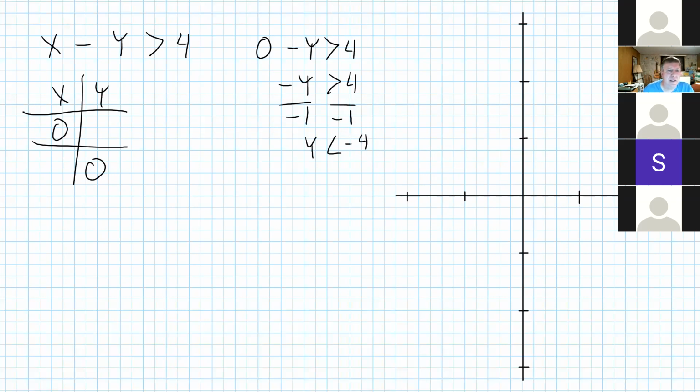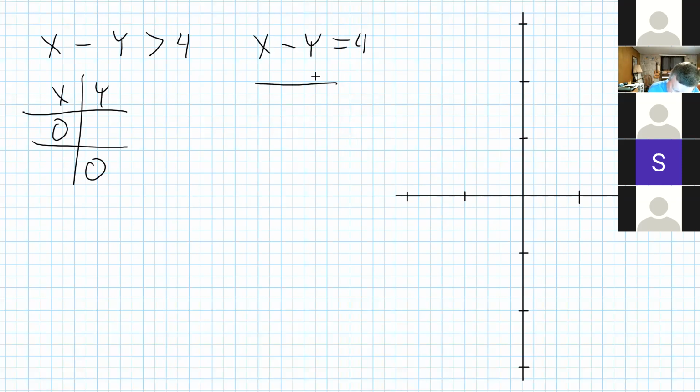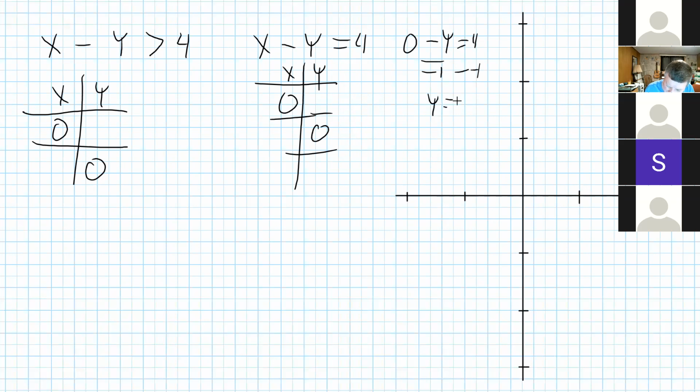So let's rethink this. Let's go back. And again, let's think in terms of an equation. X minus y equals 4. Okay. Now, if I solve an equation, I get 0 minus y is 4. Divide both sides by negative 1, y is negative 4.